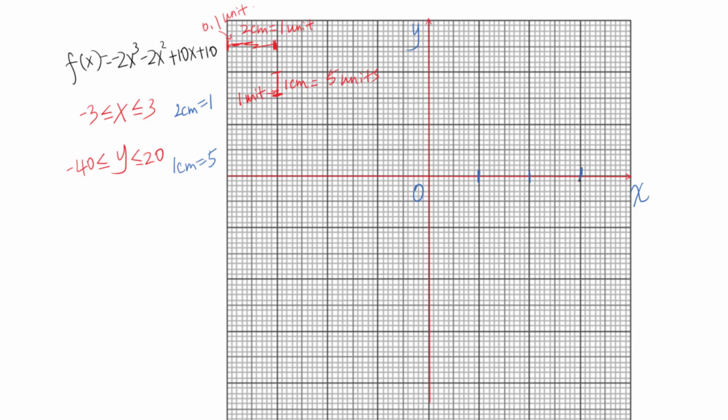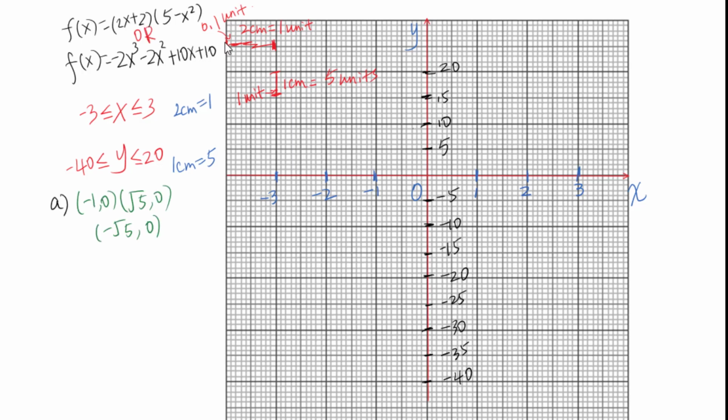So we have 1, 2, 3. Here, -1, -2, -3. For the y-axis, 1 centimeter represents 5 units. Now you have finished labeling the scales for the x-axis and y-axis.